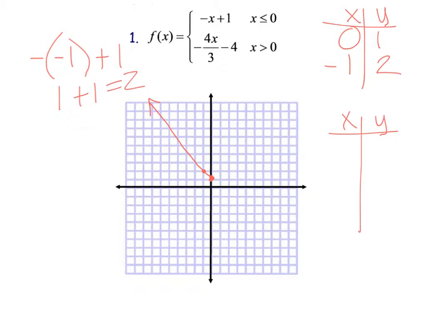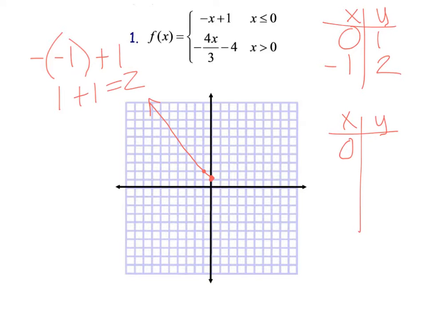And then our second function, -4x over 3 minus 4. The first number we use, again, comes from our domain. x is greater than 0, so 0 will be my first x value. For the second x value, I recommend taking a look at the fraction. We need to choose an x that gives us a whole number when we plug it in. Otherwise we deal with fractions and decimals, which are much harder to graph.